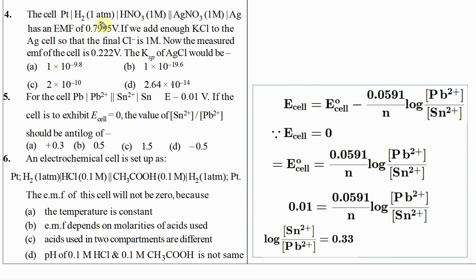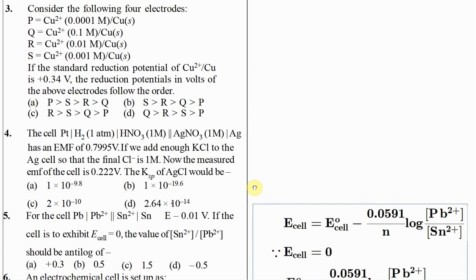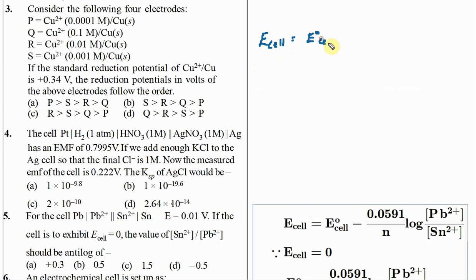Now what we want to do is, if you write the cell here, you're going to have E cell equals E naught cell minus 0.06 roughly divided by n. The n value can be taken as 1 or 2 here. Remember, I told you in class, however you want. So if you want to take it as 2, log of reactant over product.